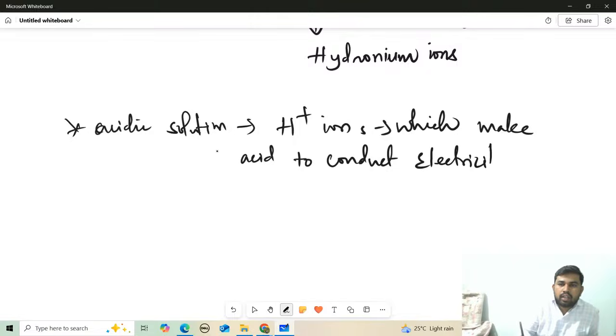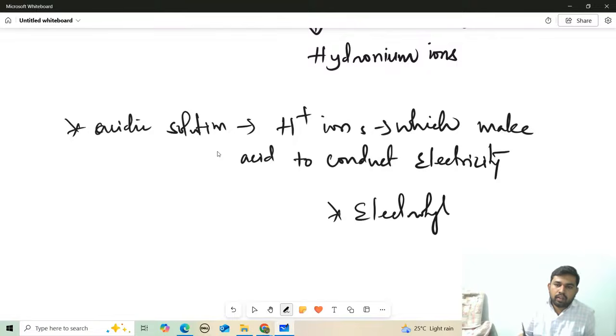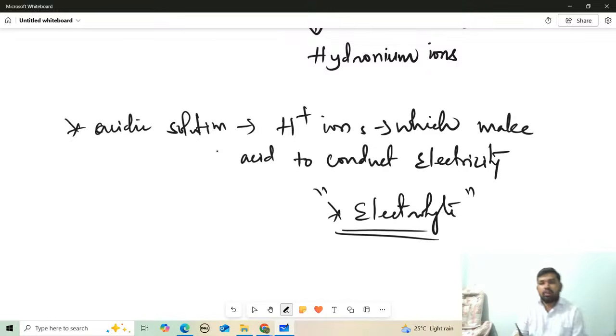We can say electrical conductance. It will act as an electrolyte. Electrolyte means in solution form it will become a conductor. Let us discuss this with the activity later.